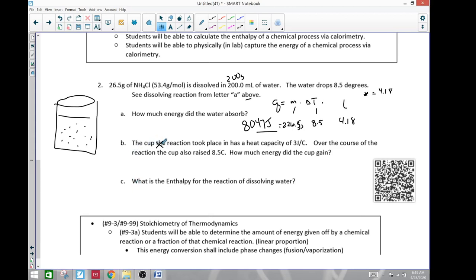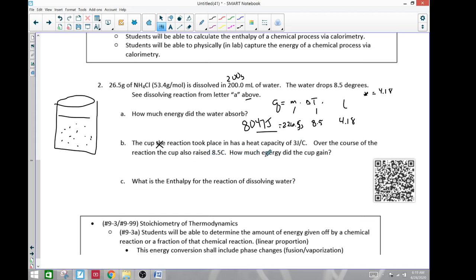Alright, so next it says the cup in the reaction took place, has not worded very well, sorry. So the cup in the reaction that took place has a heat capacity of 33 joules per degree Celsius. Well, for the course of the reaction, the cup also changed 8.5 degrees. How much energy did the cup gain?